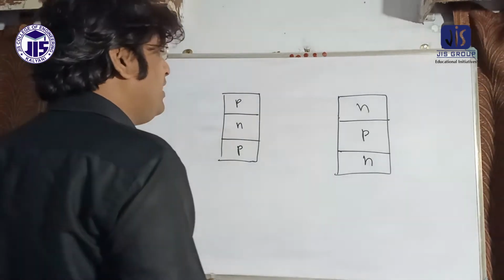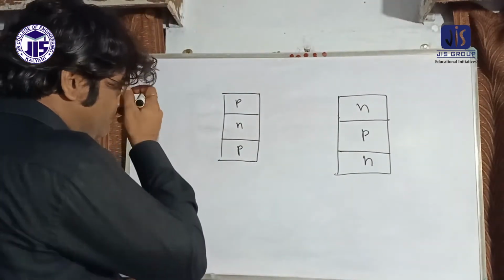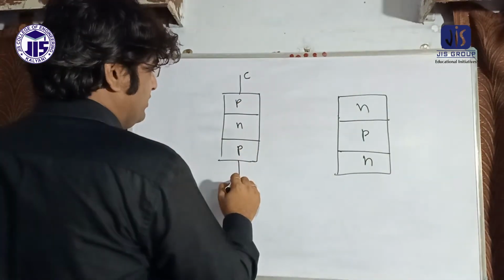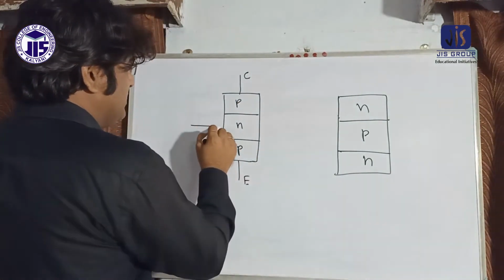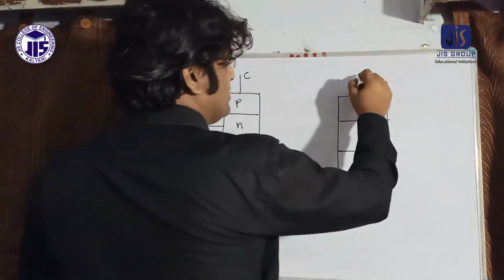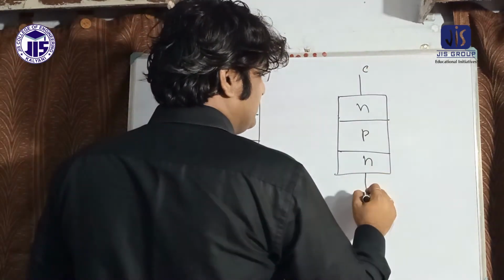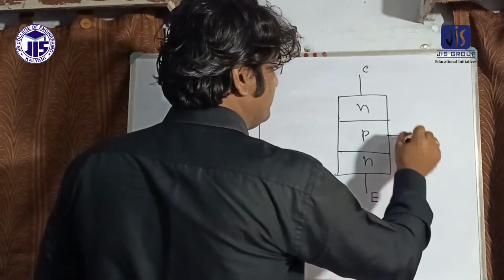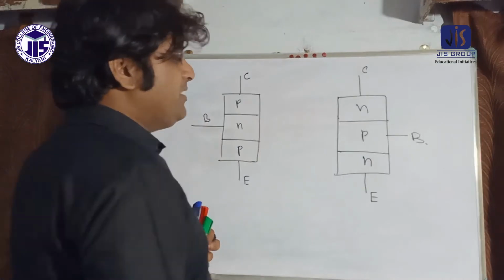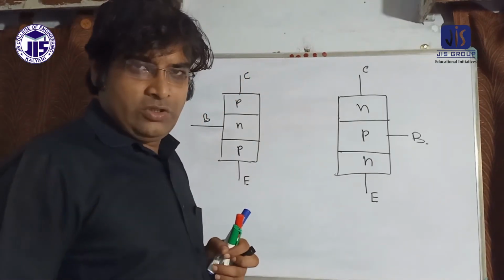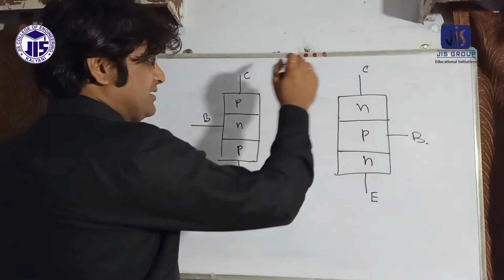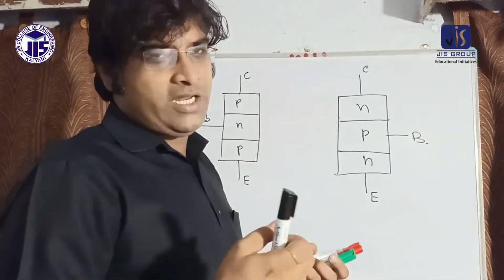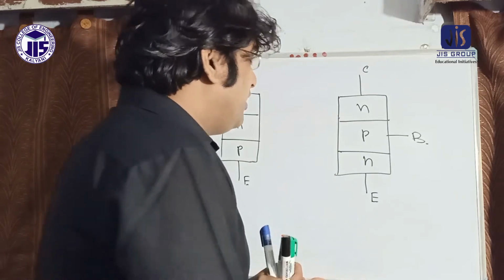This is the PNP and this is the NPN transistor. Suppose this is collector, this is emitter, and this is the base. So base, emitter, collector. PNP or NPN junctions. Okay.